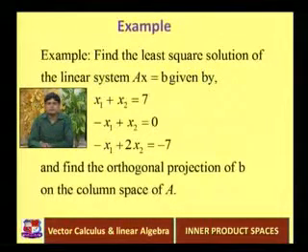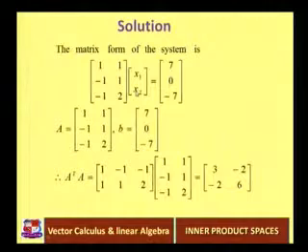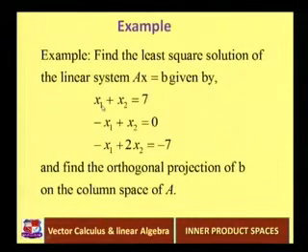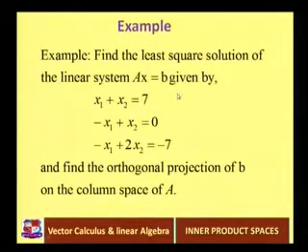We convert this equation into matrix form: 1, 1; minus 1, 1; minus 1, 2 is the coefficient matrix, times the column vector x, which is x1 and x2, because there are only two columns, so we choose only two variables x1 and x2, equals 7, 0, minus 7, the values of the right-hand side vector b.